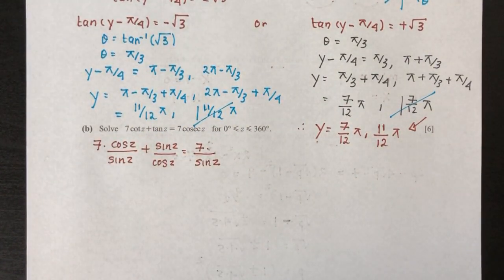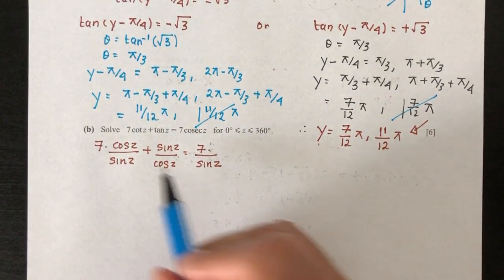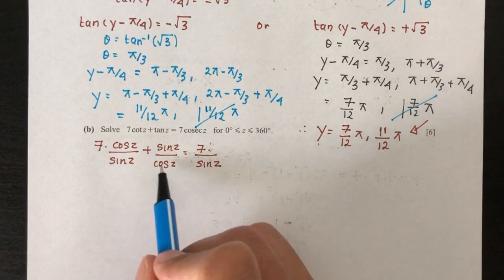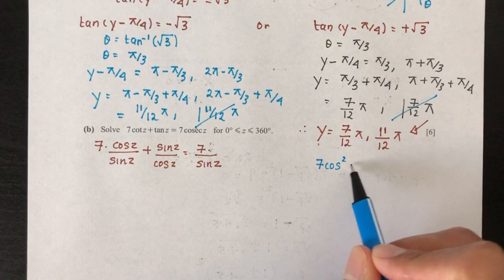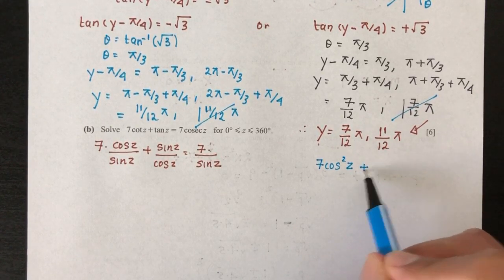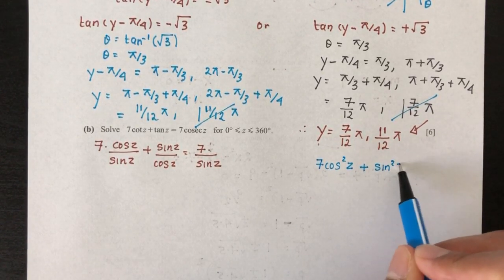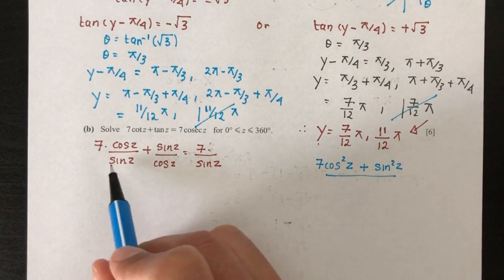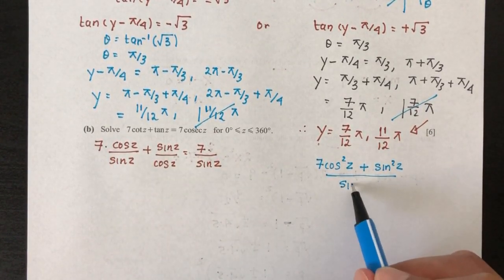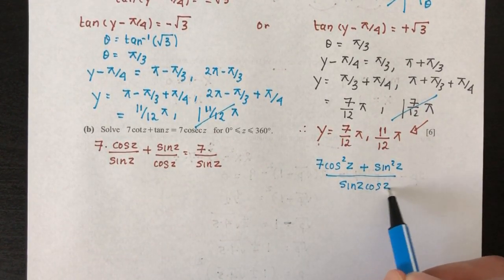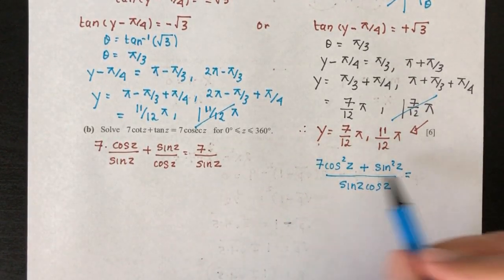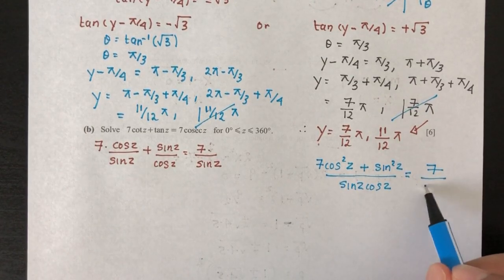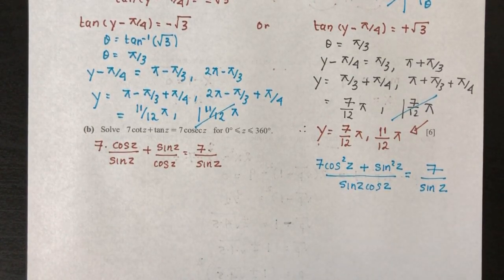Let's see what we have. So here we have different bases, so we have to cross multiply. You'll have 7 cos square z plus sin square z over, we have to multiply these two for the LCM. And this is supposed to give you this one, 7 over sin z.